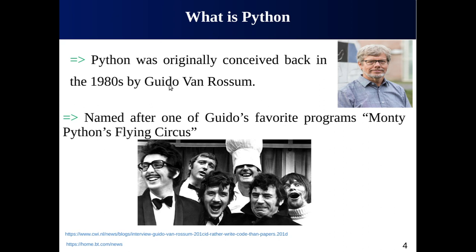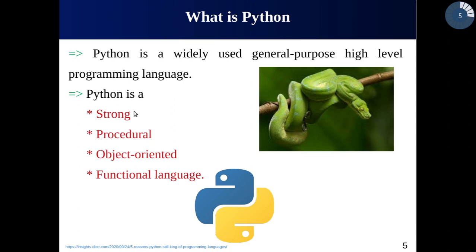Python is a widely used general purpose high level programming language. What does it mean? The first word is widely used. Widely used means that Python is used by a huge number of people throughout the world, whether they are scientists, students, researchers, artists, chemists, biologists, mathematicians, and so on.